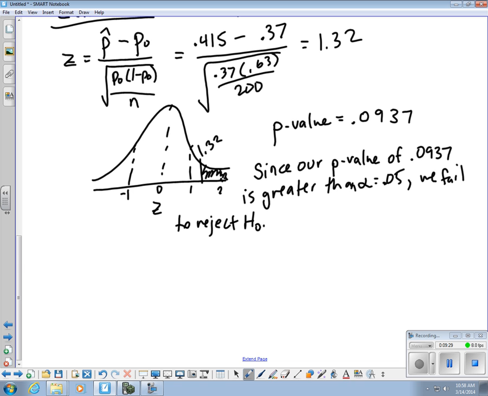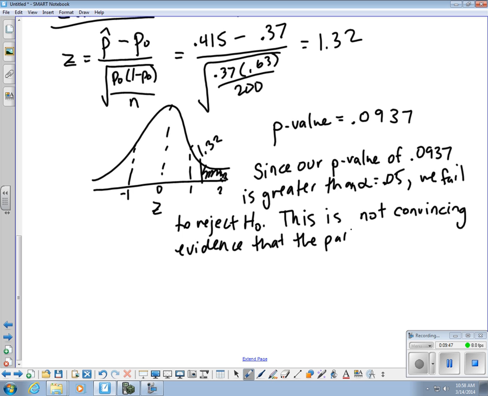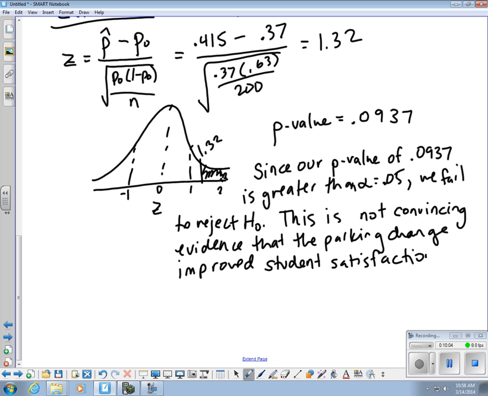The null hypothesis could still be true. So unlike the principal's claim, this is not convincing evidence that the parking change improved student satisfaction. All right, and that's a significance test for a proportion.